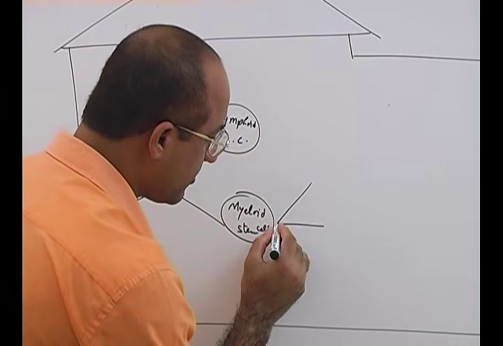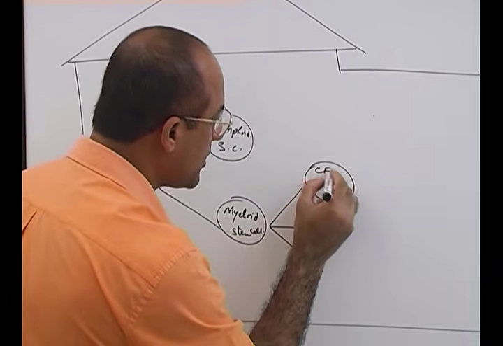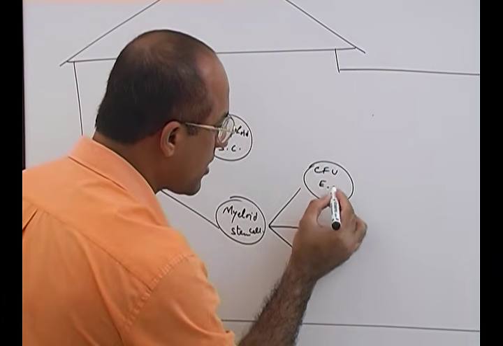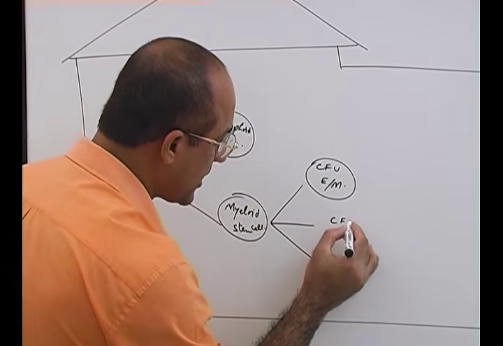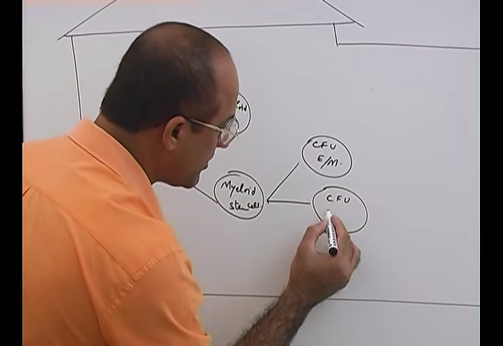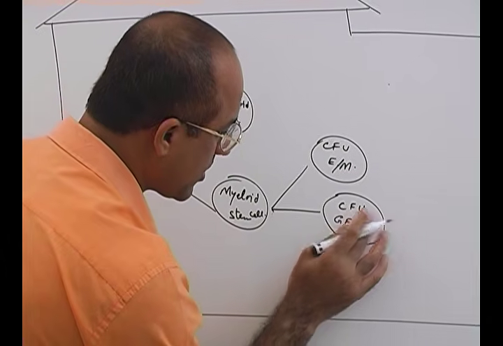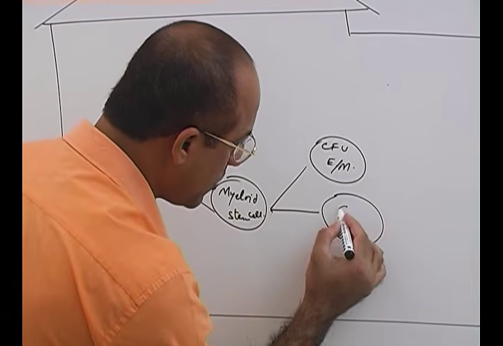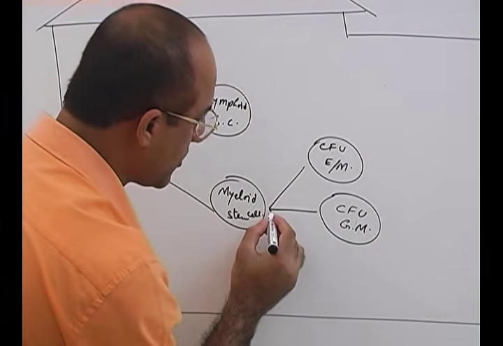Then the myeloid stem cell can divide into three types of cells: colony forming unit erythroid-megakaryoid, and then colony forming unit G, E, and colony forming unit GM, granulocyte and monocyte.